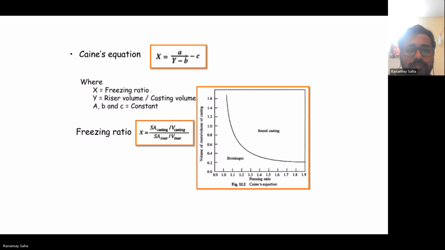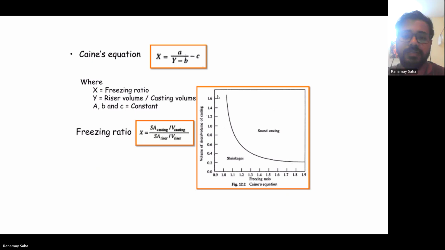The value of A is 0.1 for cases where the material is the same for the cavity as well as the casting. Otherwise, it is again determined by experiment. You see the plot with the ratio of the volume of riser to the volume of casting on the ordinate.